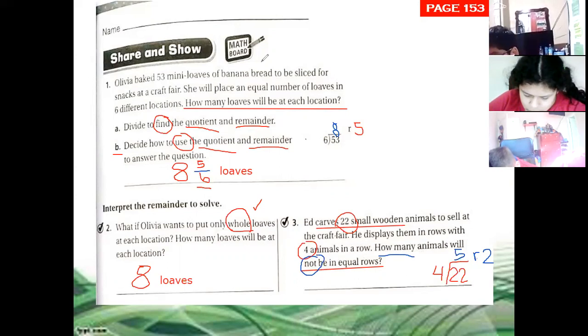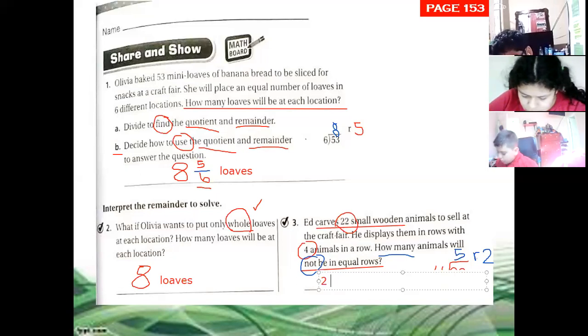So the remainder answers our question, because the question says how many animals will not be in equal rows. Because what she wants is to have equal rows of 4 animals. Each row, 4 animals. But the leftover is 2. So those 2 are not in equal rows. 2 animals, because the question says how many animals?